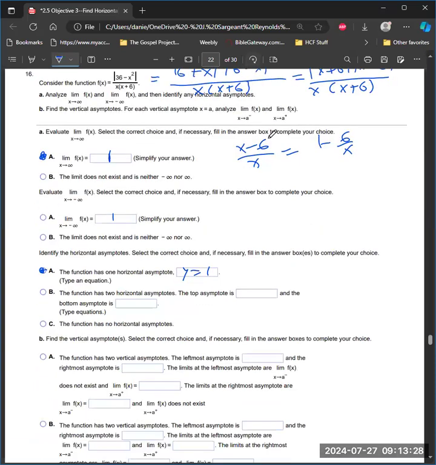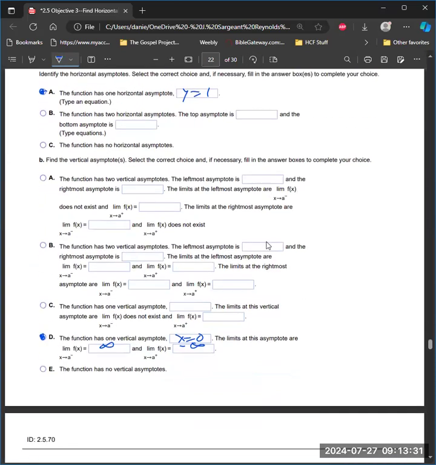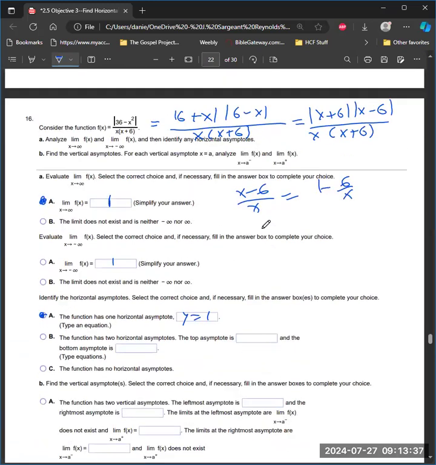I said that backwards. This negative over negative is positive. Yeah. Oh, this is a negative up here because of the absolute value sign.